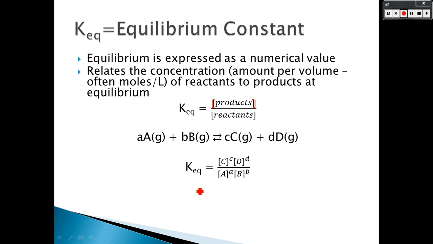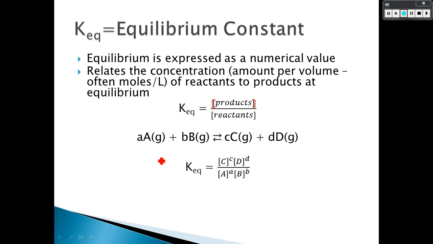So Keq, remember we said products divided by reactants, is the concentration of C raised to the power of lowercase c, times D raised to the power of lowercase d, so whatever the concentration of D is to the power of the number of moles, divided by A to the a and B to the b.